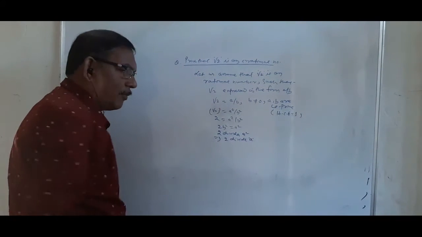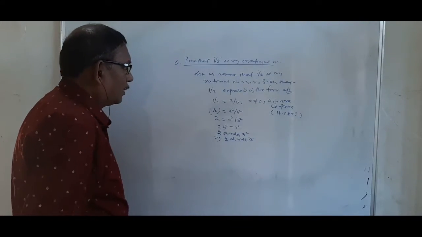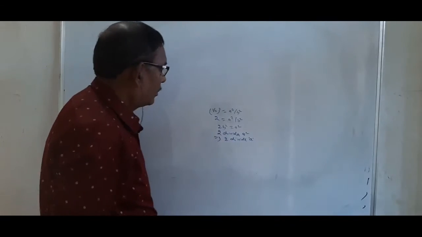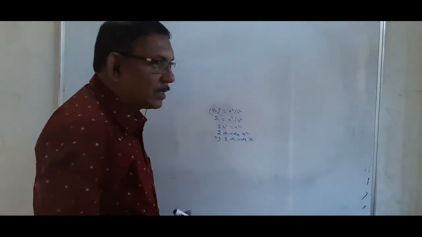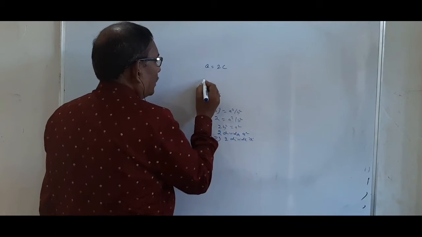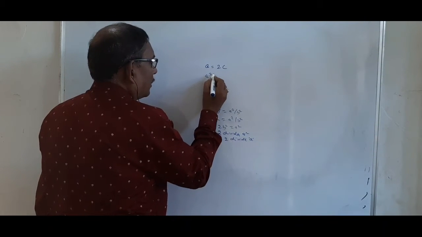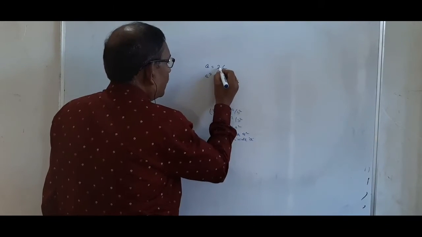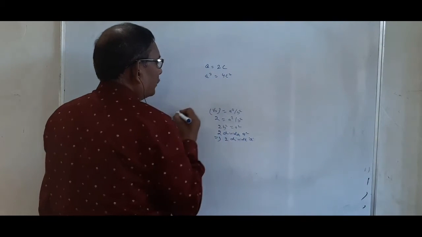So 2 is a factor of a. Let there exist an integer c such that a is equal to 2c. Taking square on both sides, a square is equal to 4c square.